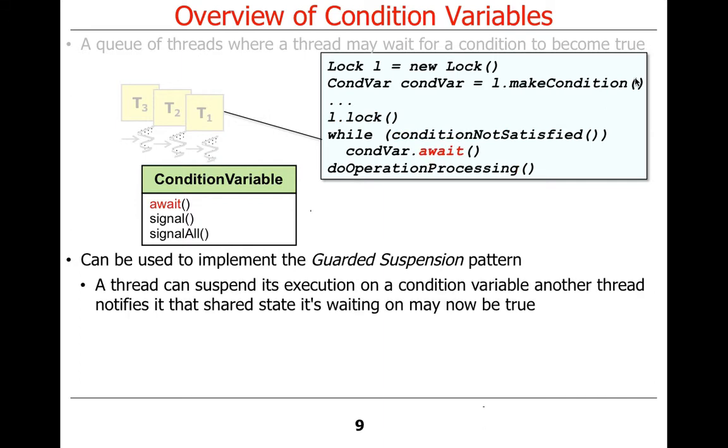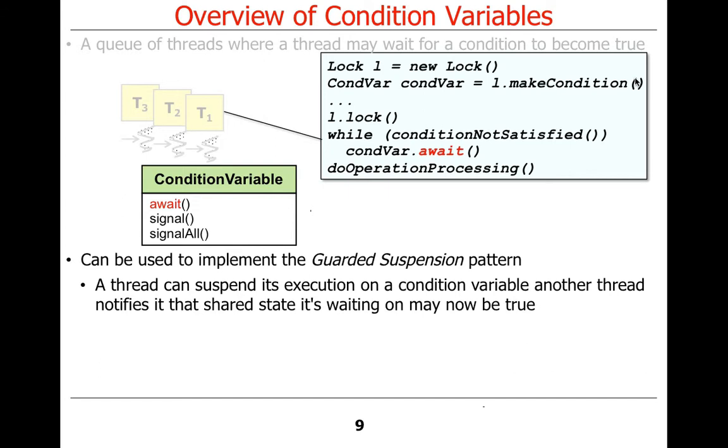When it can't make progress, in other words when the condition is not satisfied, it goes to sleep on the condition variable. This will wait until some shared, mutable state may be true. Remember, there's always this conditional nature to this.